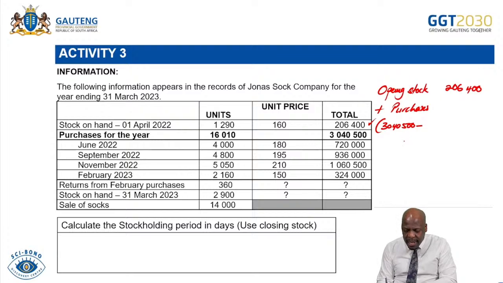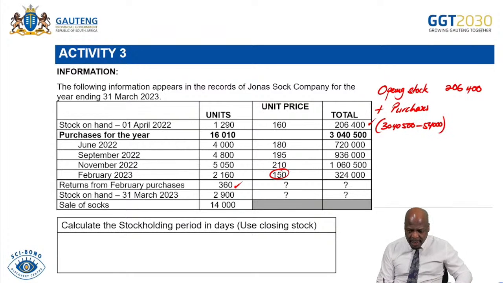But I can subtract my returns. All right, my returns are from the month of February. So I'll say 360 times 150. You multiply that, 360 multiplied by your 150. How much do you get? Then you get your 54,000. The 54,000, therefore, is your returns.